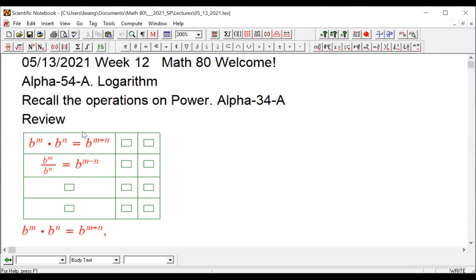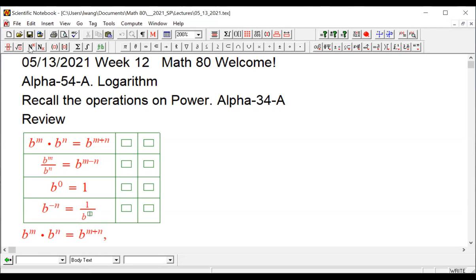And the other one is b raised to the power of 0 equals 1. b raised to the power of negative n is 1 over b to the power of n. One more.